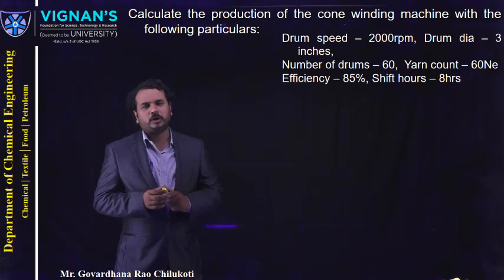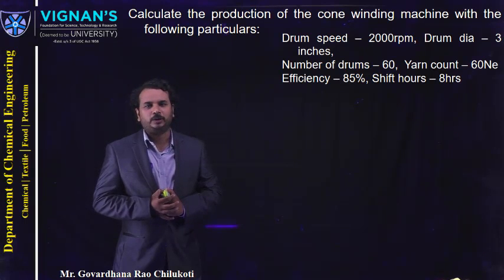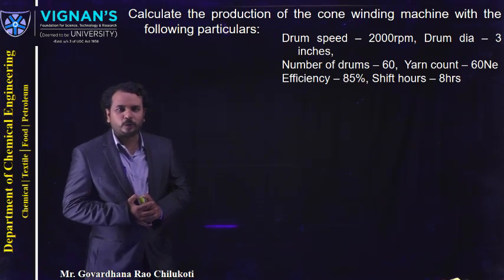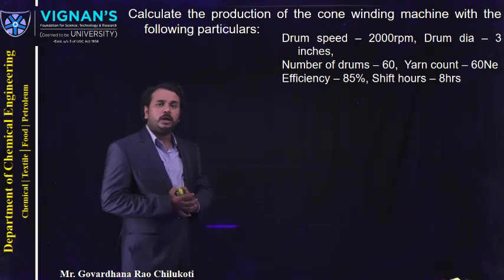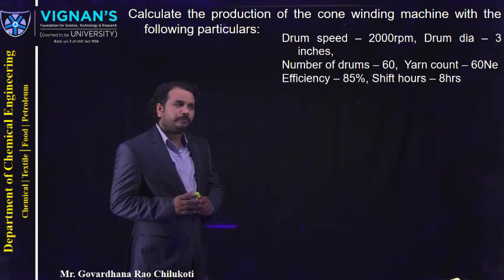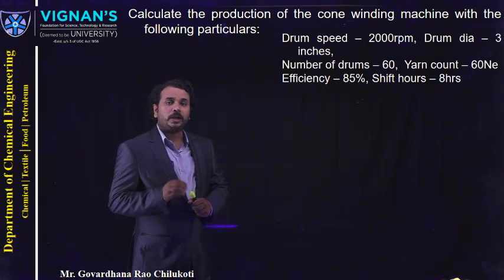By using the count formula, we can calculate the weight of yarn, count of yarn as well as the length of yarn. If any two parameters are given, we can find out the third by using the count formula. From here we are going to discuss the winding calculations, winding machine production calculations.